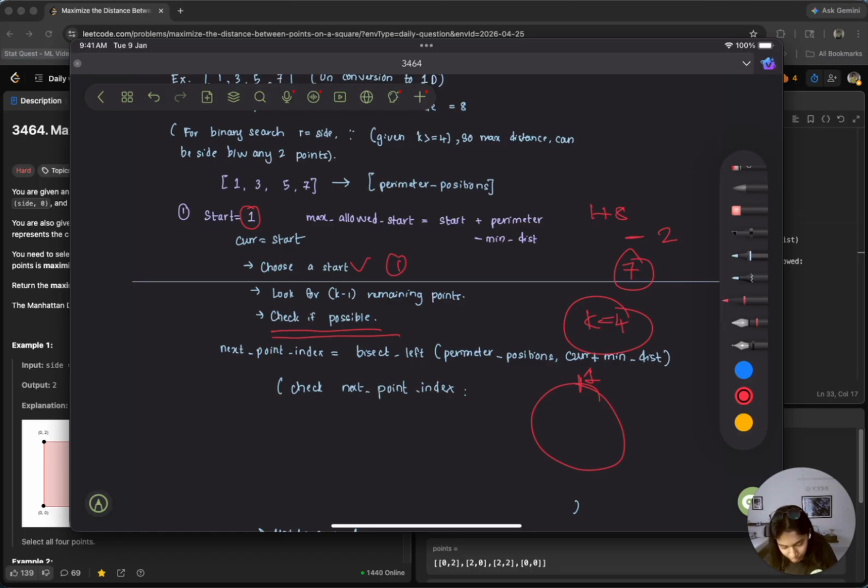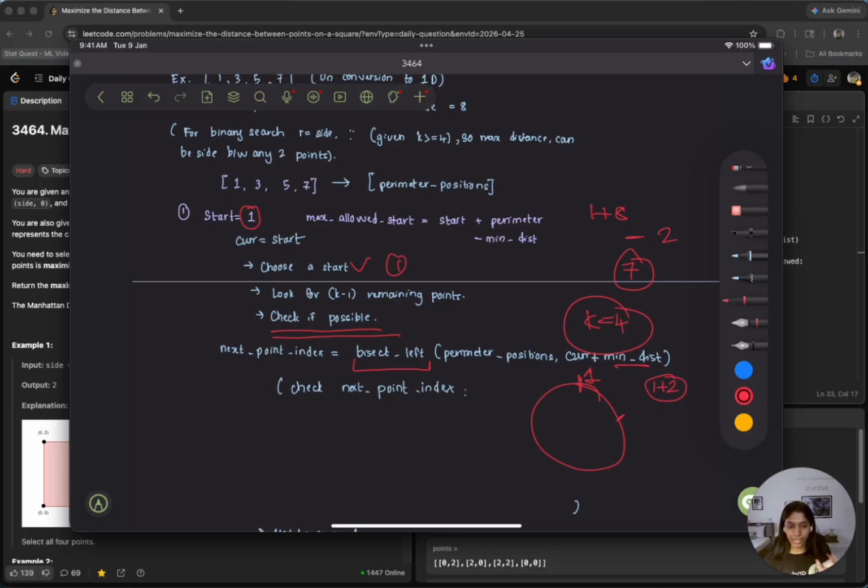Why am I doing a bisect left here on positions? A bisect left is asking for the lower bound. The lower bound means the element which is either of the same value or the next greater value than the value we're trying to look for. So if I start from 1 and my minimum distance is 2, so 1 plus 2, I ideally want my next position to be at 3.